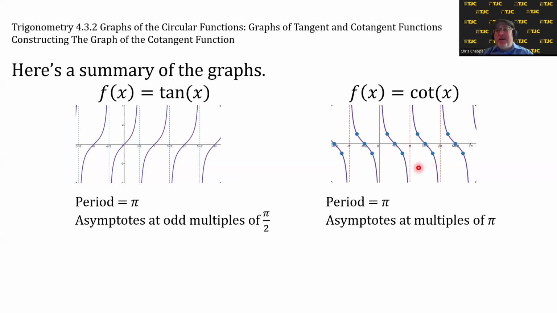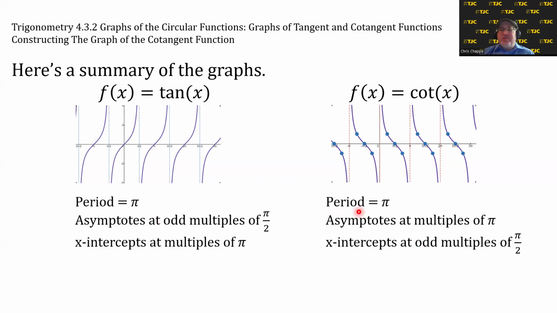I point them out as even multiples of pi over 2 because that contrasts odd multiples of pi over 2. Remember that the x-intercepts and the asymptotes traded places. Where there was an asymptote for the graph of tangent, we had an x-intercept for the graph of cotangent. And where there was an x-intercept for tangent, we had an asymptote for cotangent.